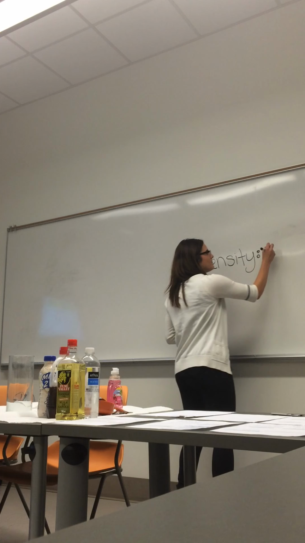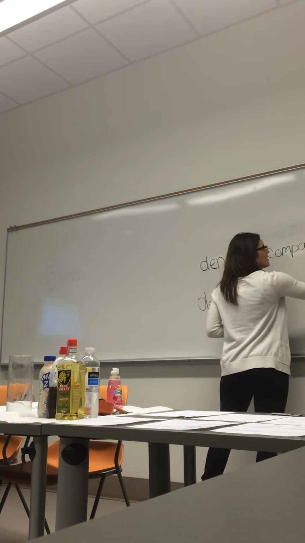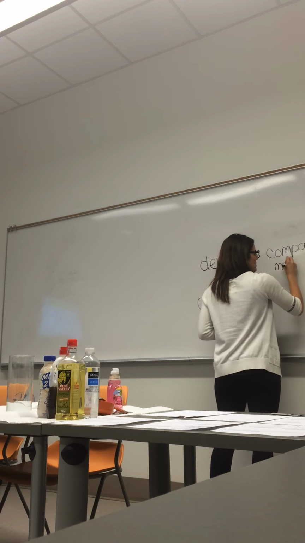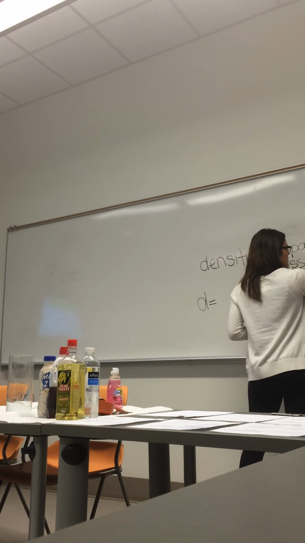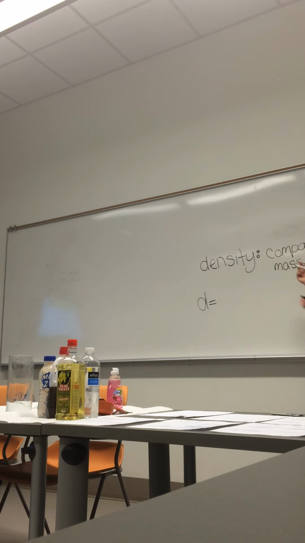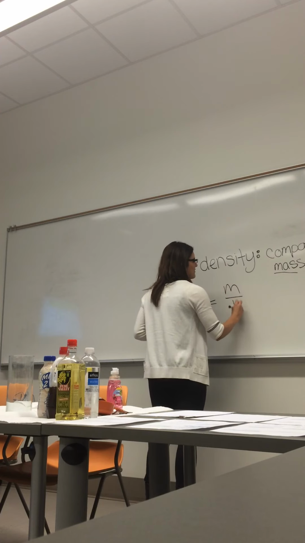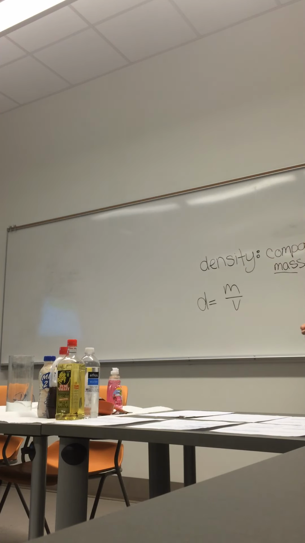So density compares something's mass to its volume. So the formula for density is D equals M over V, which is mass over volume. Sorry, the PowerPoint's slow.